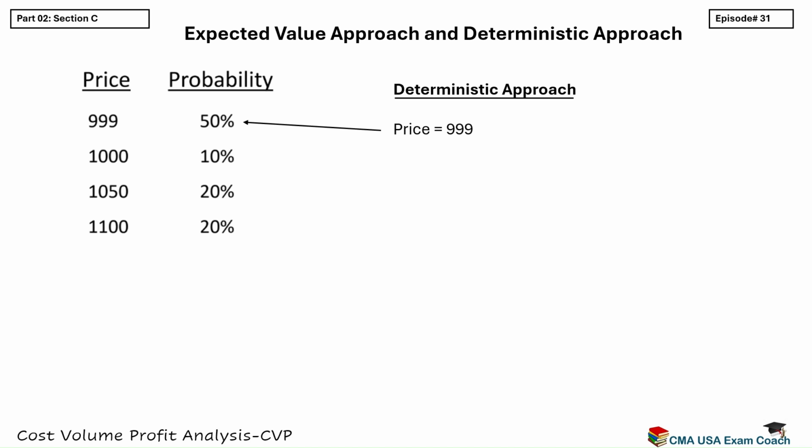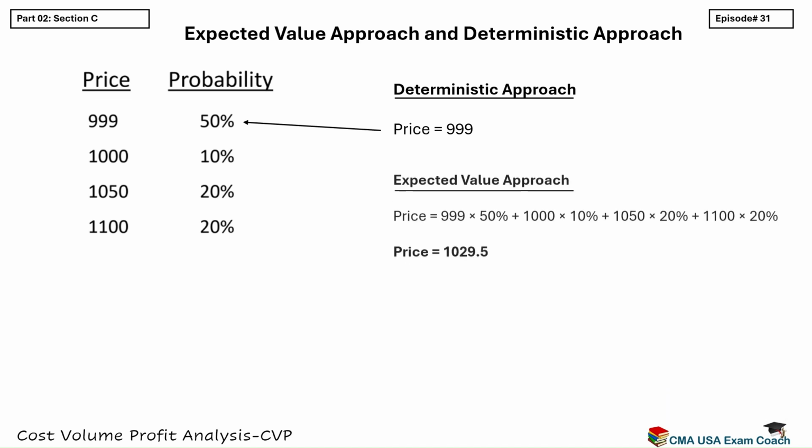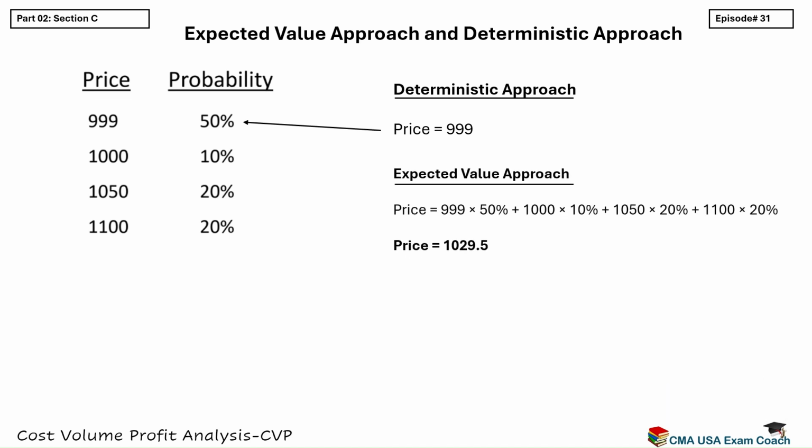Now let's use the expected value approach, which accounts for the probability of each price. We multiply each price by its corresponding probability and then add all the results. Expected price equals 999 times 50%, plus 1,000 times 10%, plus 1,050 times 20%, plus 1,100 times 20%.